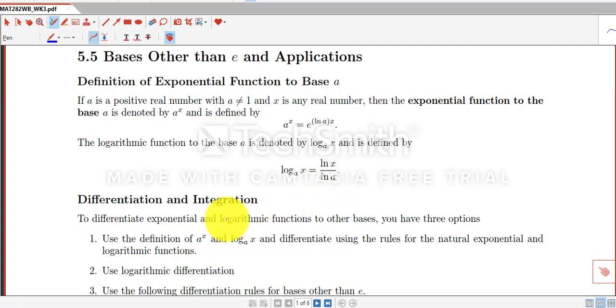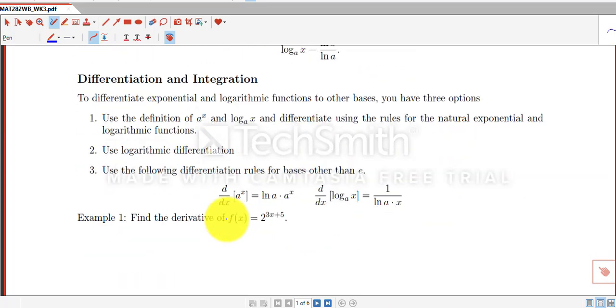Differentiation and integration. To differentiate exponential and logarithmic functions to other bases, we have three options. One is to use the definition of a to the x and log base a of x, and differentiate using the rules for the natural exponential and logarithmic functions.